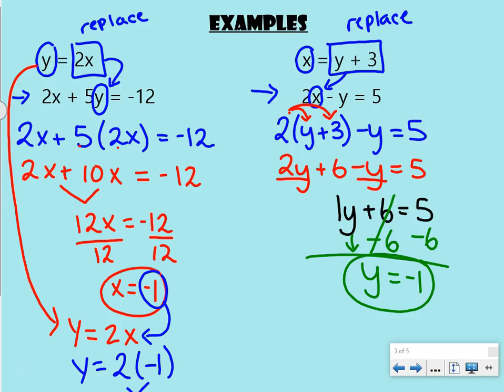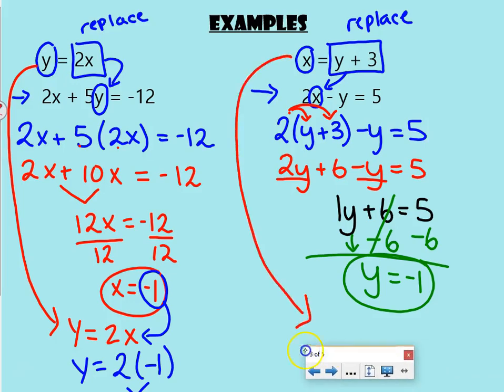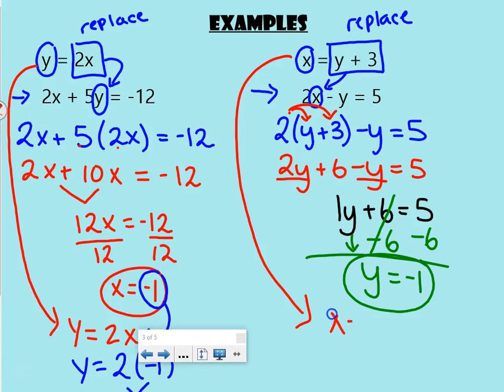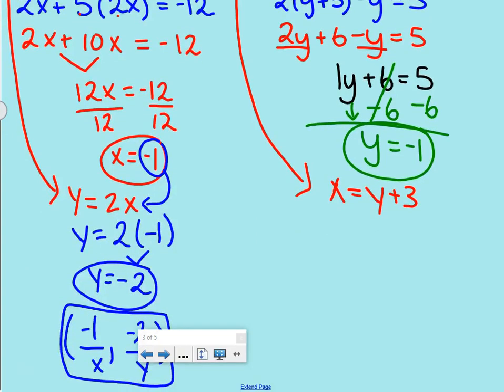Now we know one variable, but we need to know the other variable. If I look at this equation right here, I know that x equals y plus 3. Now that we have solved for y, we can make another substitution. This negative 1 can come in for y.